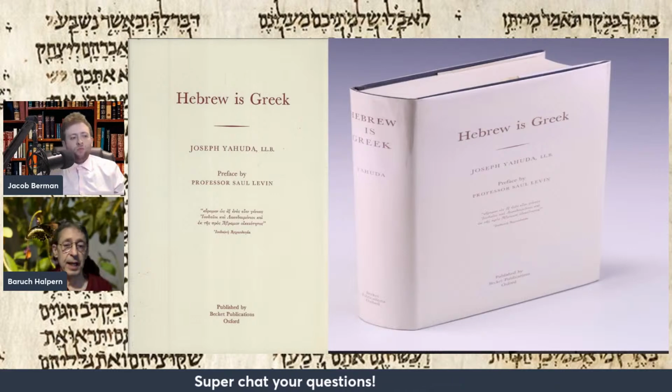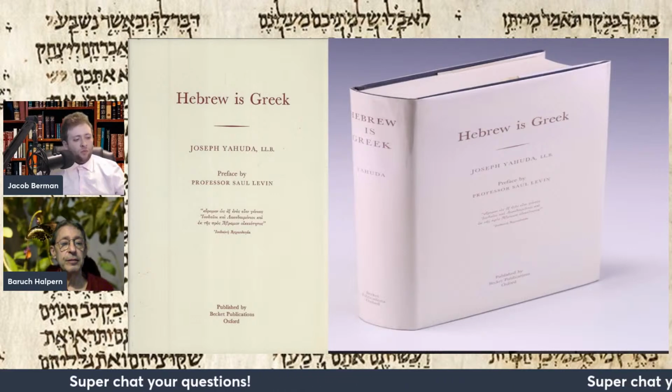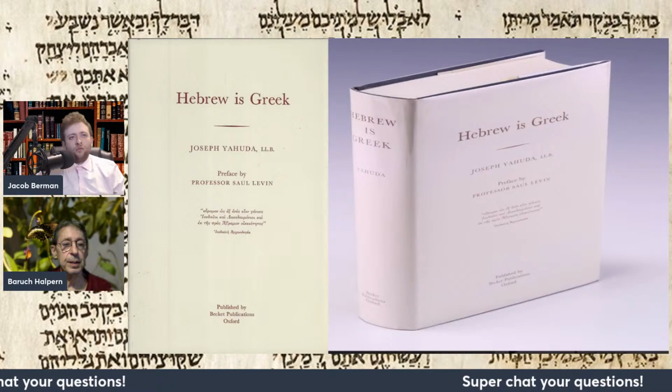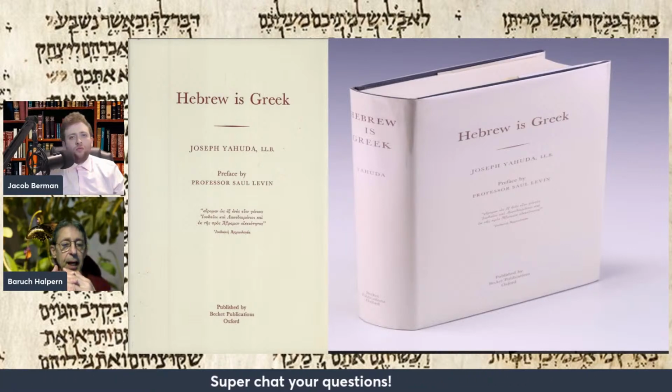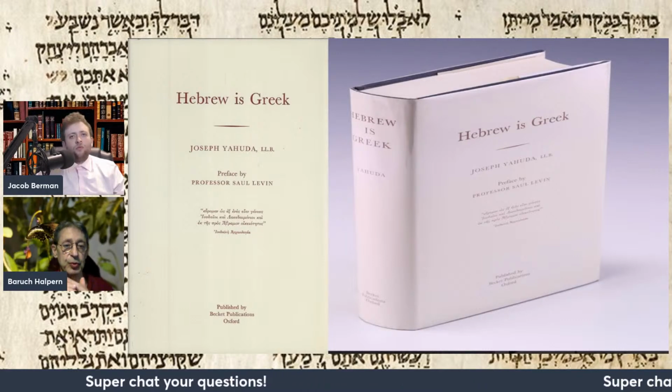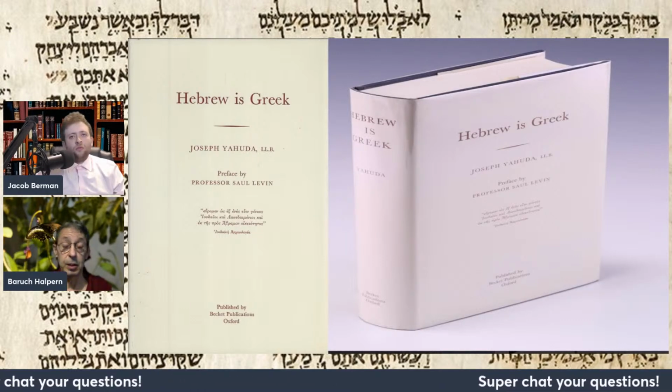None of which is to say that there aren't a lot of vocabulary words that are shared across the languages because they lived in the same economic zone and same cultural zone as one another for a long, long time.